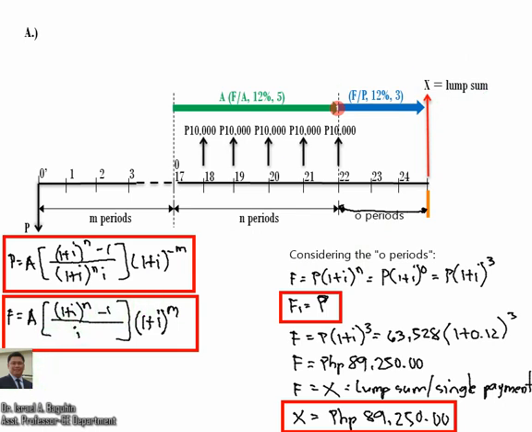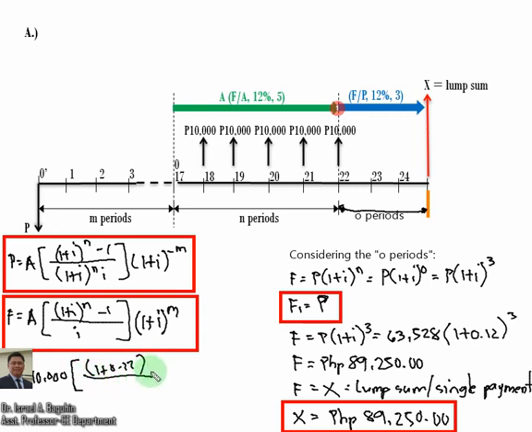So our F is equal to, our annuity is 10,000, and then (1 plus 0.12) raised to the n.